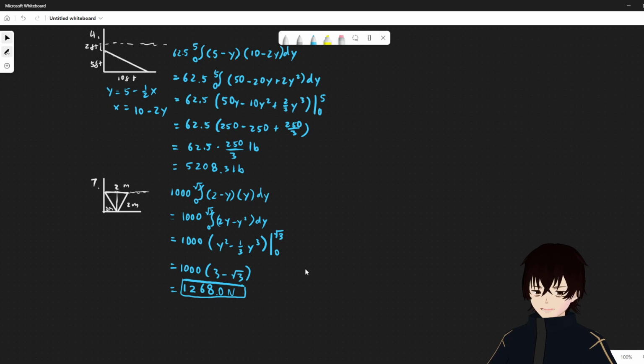Huh? I'm gonna need to check my notes. This is how to do it. Oh yeah, gravity! Oh my god. But even if we add gravity, it would still not be the right answer. Let's see here.